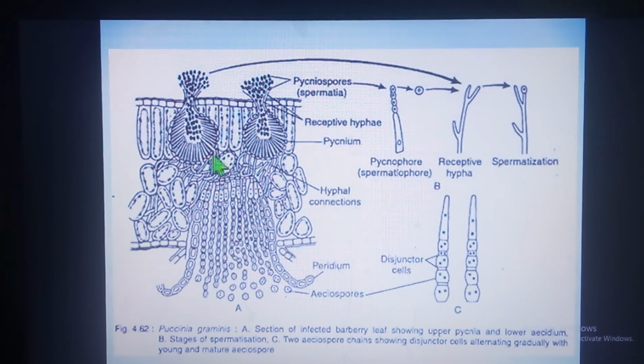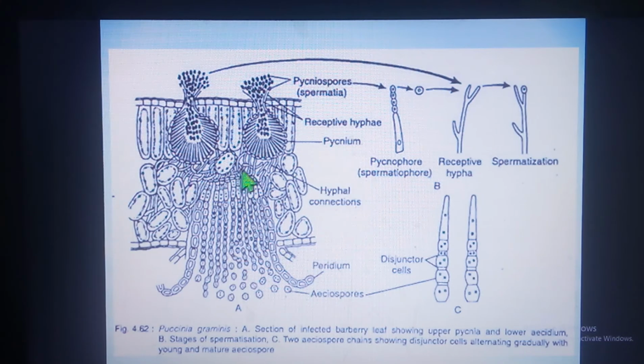Now another type of spore will develop on the same plant, that is the barberry plant. Wherever these pycnia develop, the aeciospores also will develop. How? Because these aeciospores are formed from these pycnia during development. Now what happened here after spermatization? When we have the dikaryotic mycelium, during development of the pycnia, some hyphae of positive and negative type go downward.